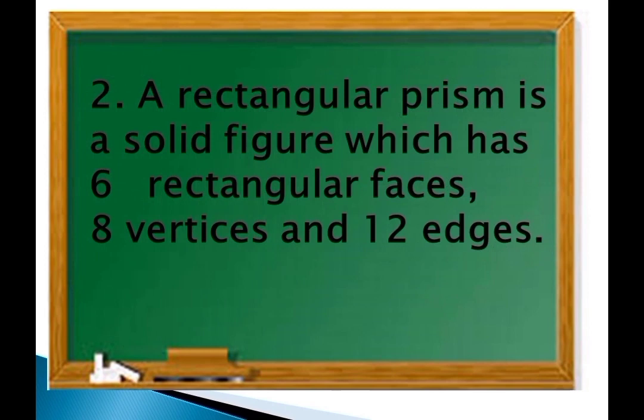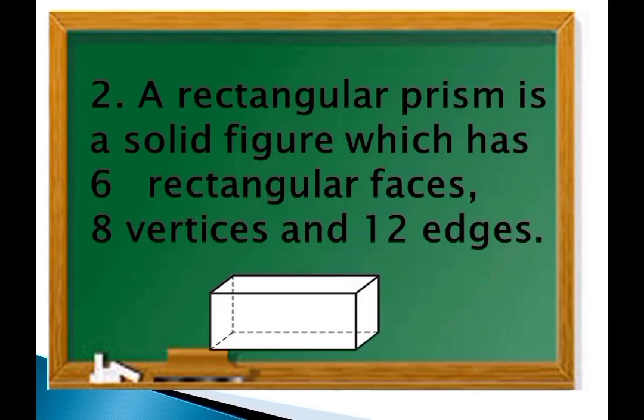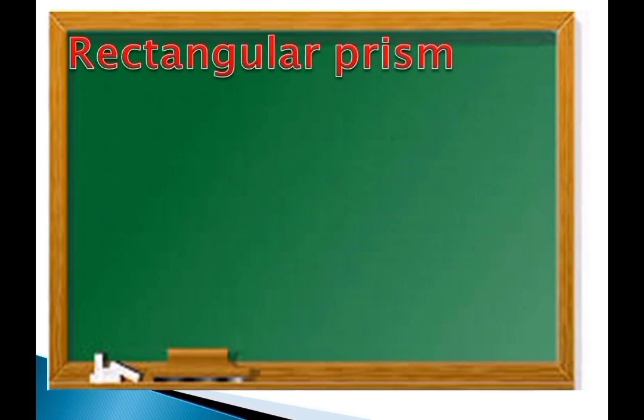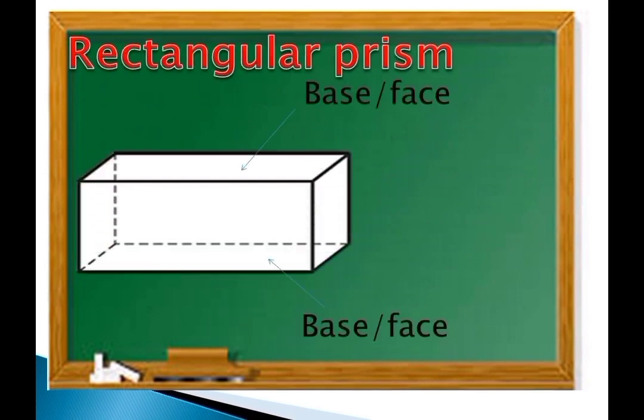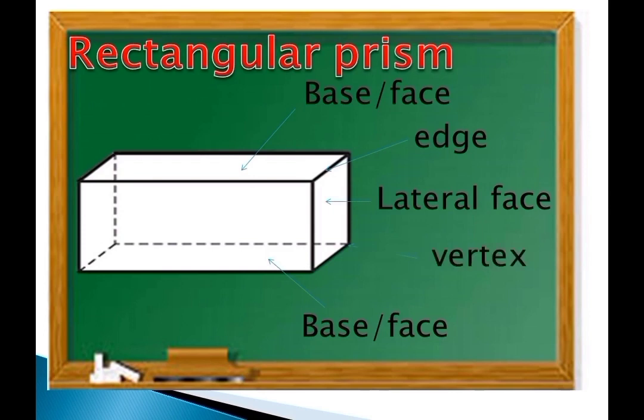A rectangular prism is a solid figure which has 6 rectangular faces, 8 vertices, and 12 edges. These are the 2 bases or the faces of the rectangular prism. This is the edge, this is one of the lateral faces, and this is one of the vertices.